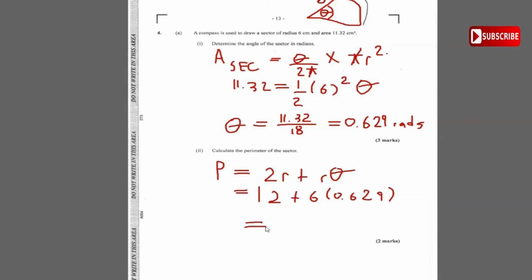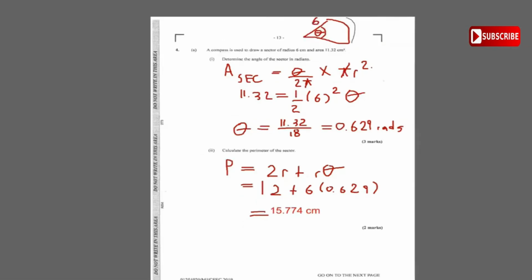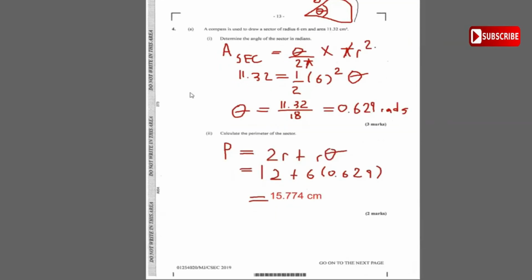You get 12 plus 6 times 0.629, and so we get 15.774. That's what we get, and the perimeter is always in centimeters. Nice and easy, soft. That's what we get.